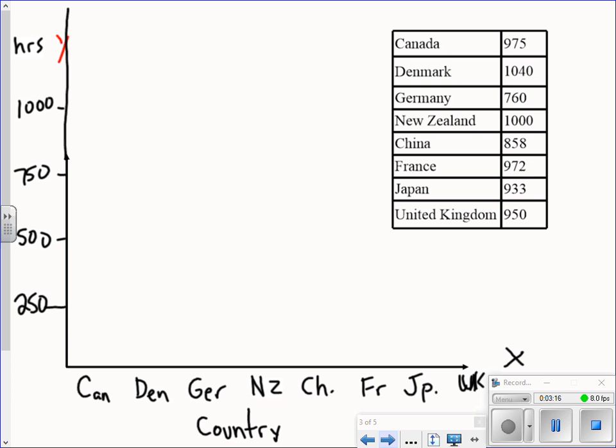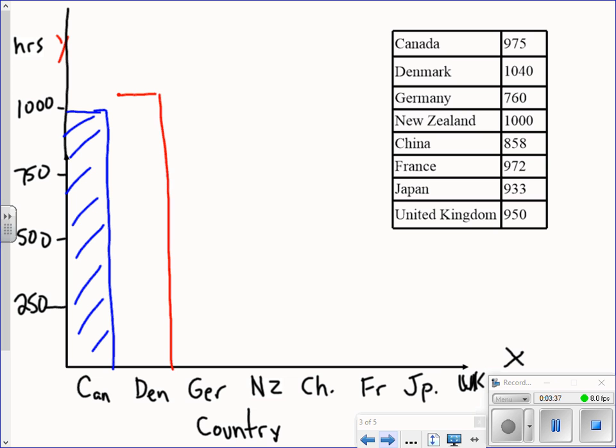Canada 975, so that's almost at 1,000, so maybe up here somewhere I'm going to draw a little bar. How spectacular is that? Color it in because I'm so skilled. Denmark at 1,040, so a little bit over 1,000, so maybe up here. Gonna draw a little bar going up there, over to here. Color that in. There's a lovely bar.